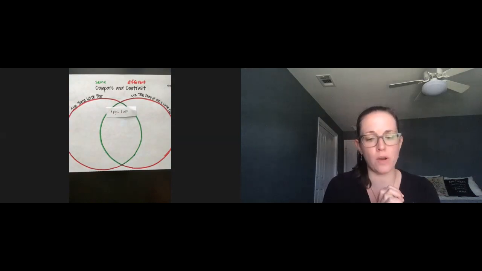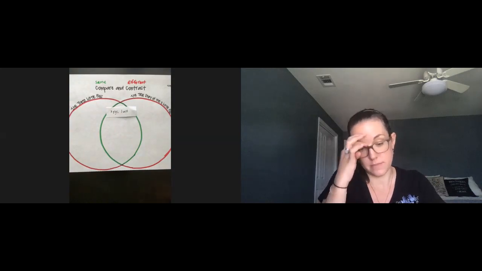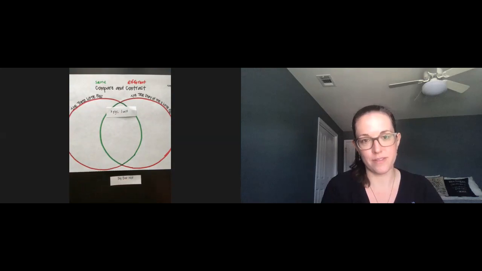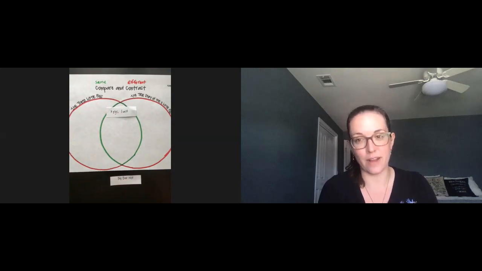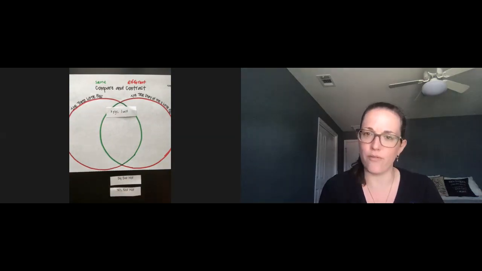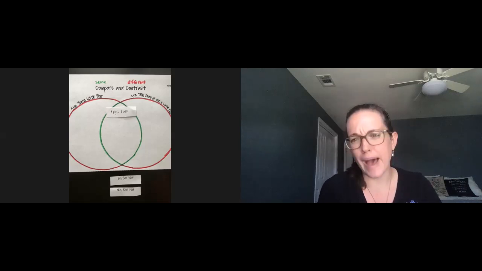Now let's think about how those characters were portrayed. So how is the wolf portrayed in the stories? We've got the big bad wolf, and these are options you have now. And we've got the nice, kind wolf. So this is going to be a way they're different. We're going to contrast the stories. So which story has the big bad wolf in it?